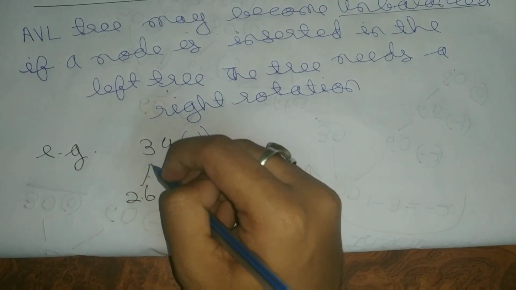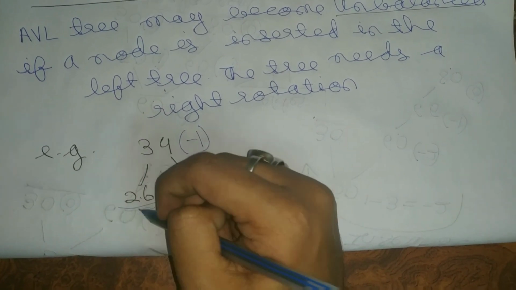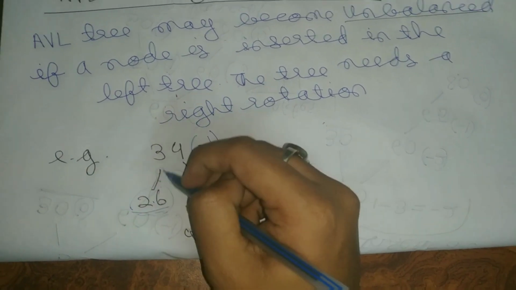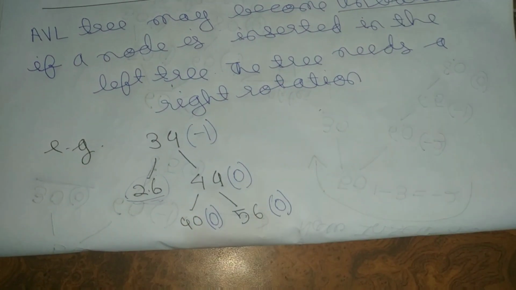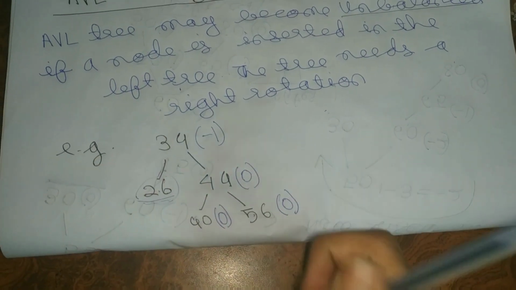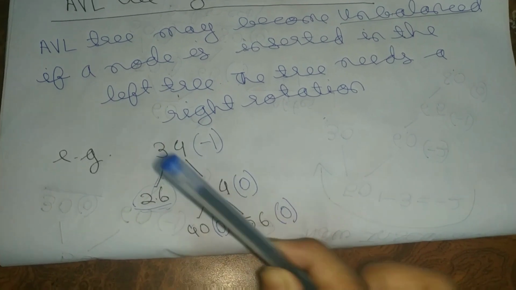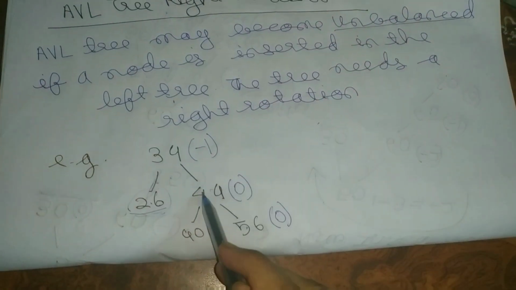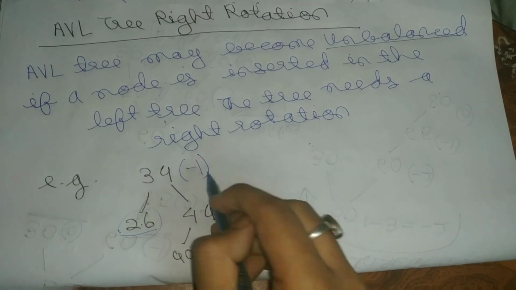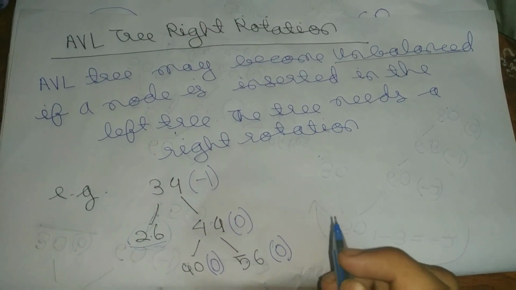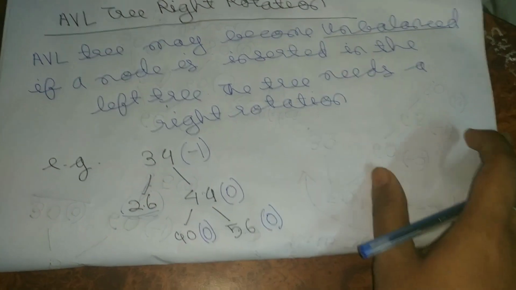There will be one value in the left subtree portion and there will be two values. When we are checking the right subtree portion, we will see it in the right subtree diagonally. So this is minus 1. Okay, so this tree is balanced. This is an AVL tree.